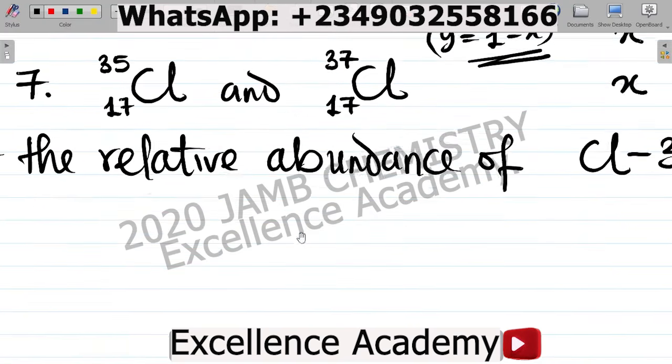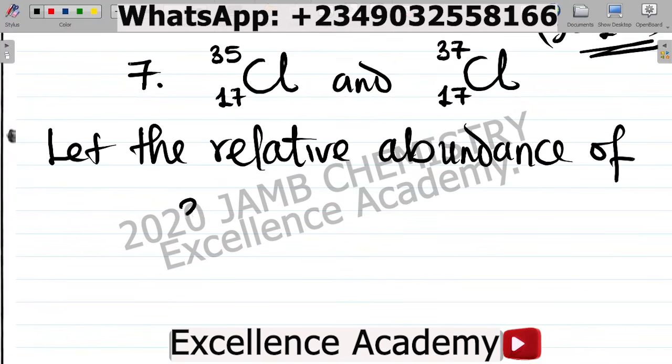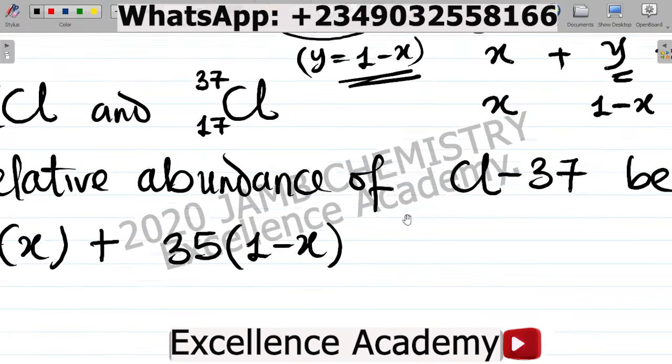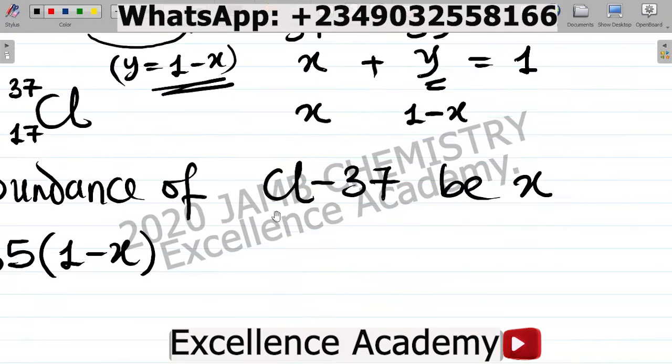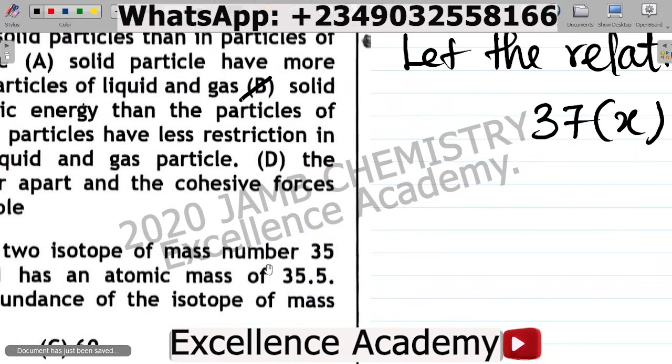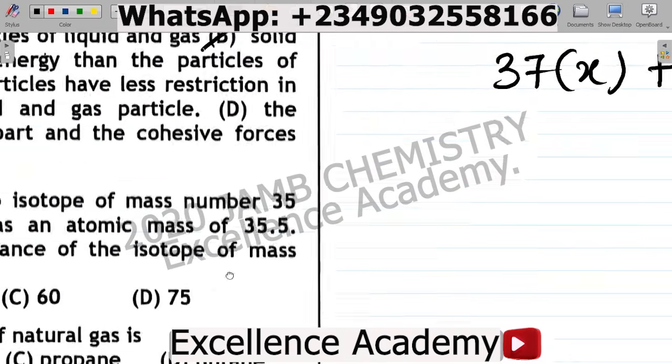Then this is equal to the atomic mass of the element, which is 35.5.